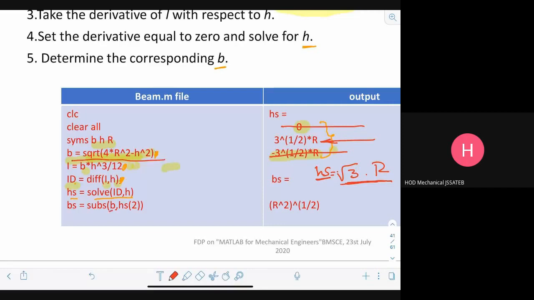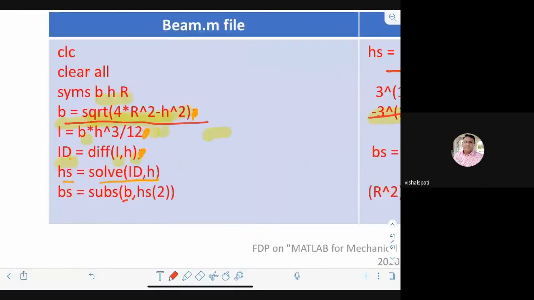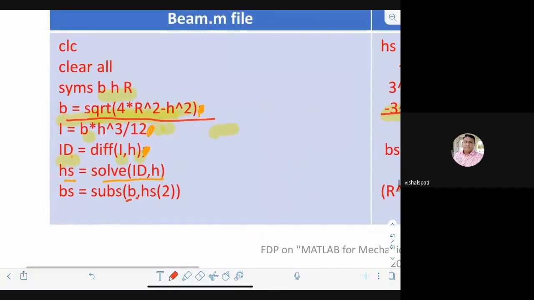Remember, in that I wanted to replace H. You need to replace H in terms of HS so that you get the optimum value of B also.